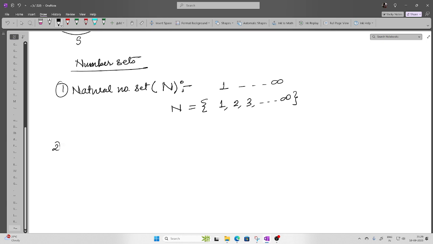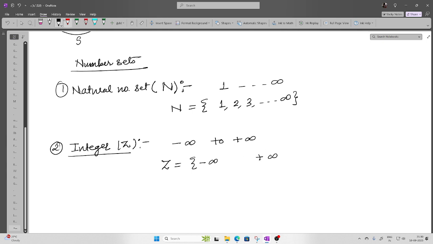Then if I ask you what is integer, they are basically represented as Z. So what are basically integers? The whole numbers which are ranging from minus infinity to plus infinity, they are integers. So Z is nothing but all the numbers from minus infinity to plus infinity.